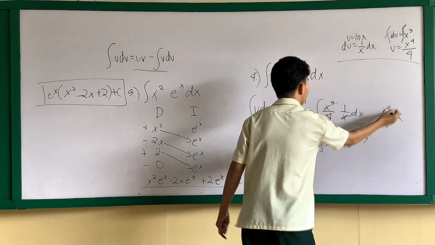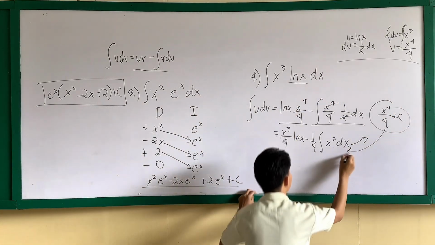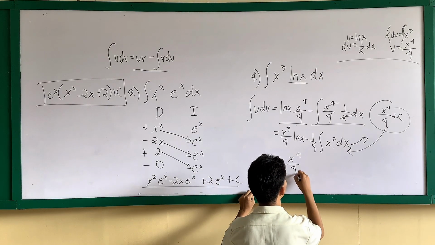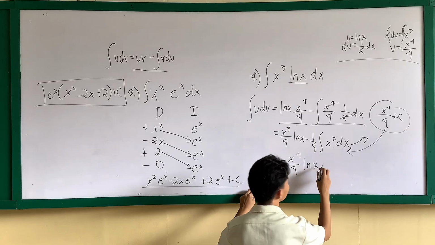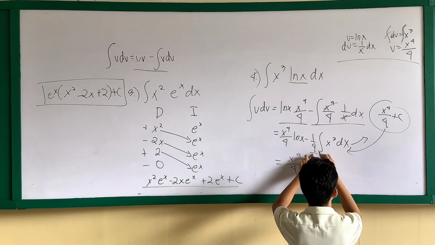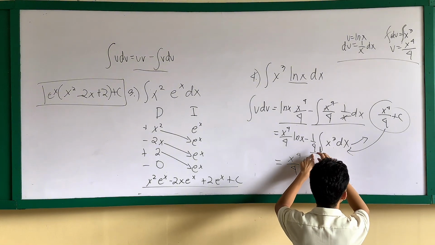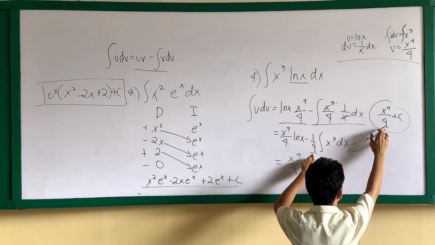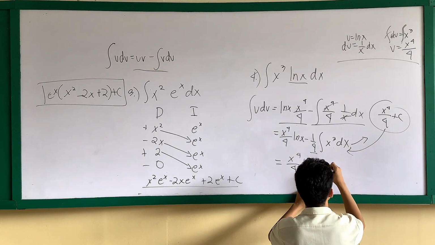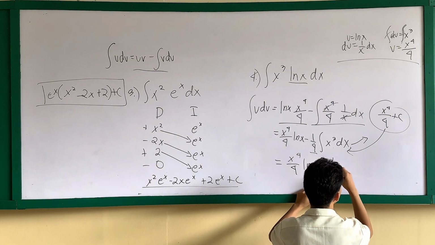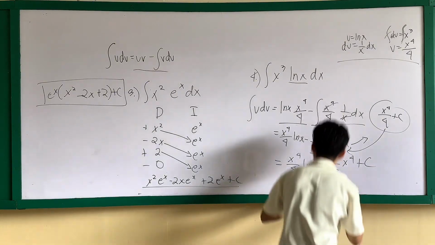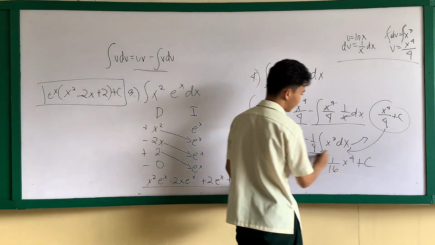So now we can substitute this to here. So the final answer is x to the fourth over 4 ln x, times the constant, so negative 1/4 times 1/4 is negative 1/16 x to the fourth plus c. So here's our final answer.